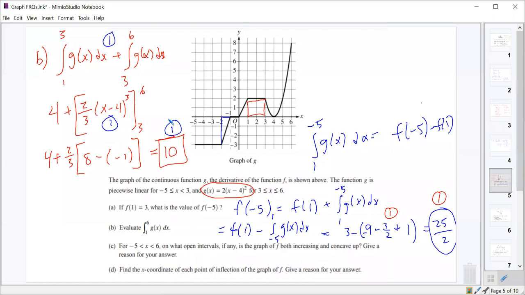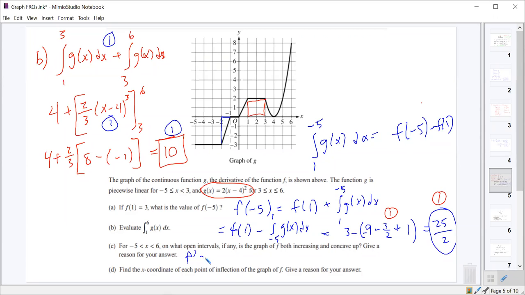All right. Part C, we want to know between -5 and 6, if there are any open intervals on which f is both increasing and in which f is concave up. So first off, to figure out if f is increasing, we need to look at the derivative of f.